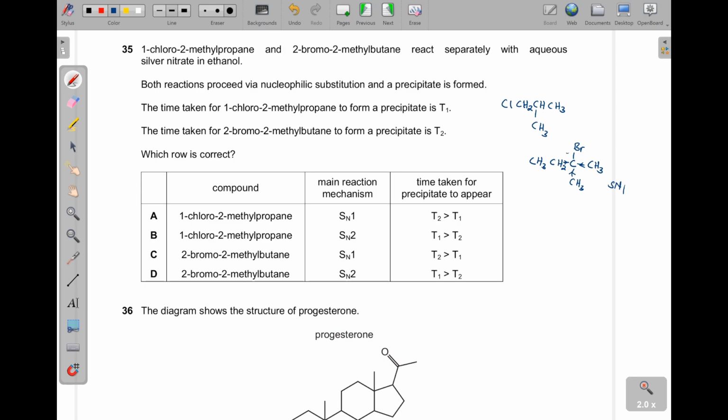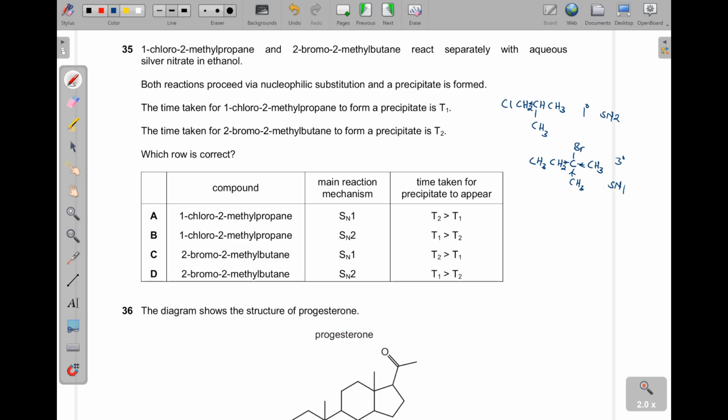So this one gets off. But this one here is a primary because this is one group here. So this is primary, this is tertiary. So this one will go via SN1, I mean SN2, sorry, SN2.